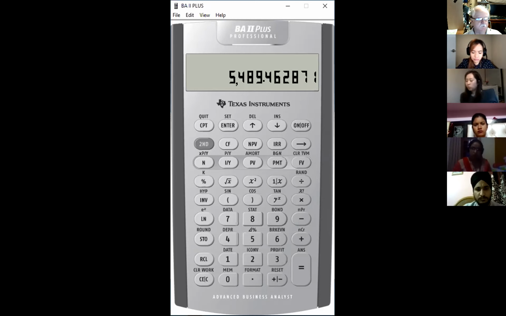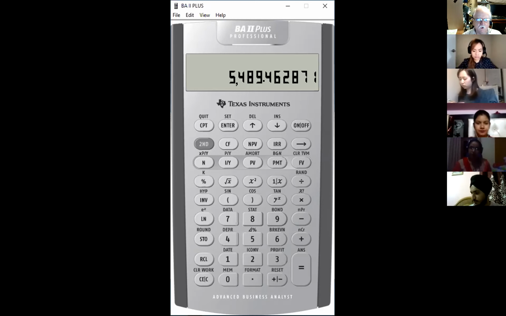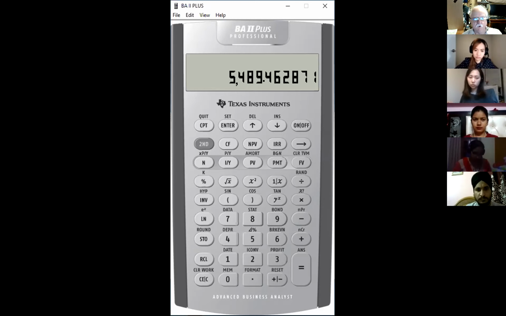And we get the same number, just done a slightly different way. So you'll want to get used to using that store and recall, but you'll also want to get used to using that 1 over x and that plus minus. It just makes the calculations a little quicker and a little easier.